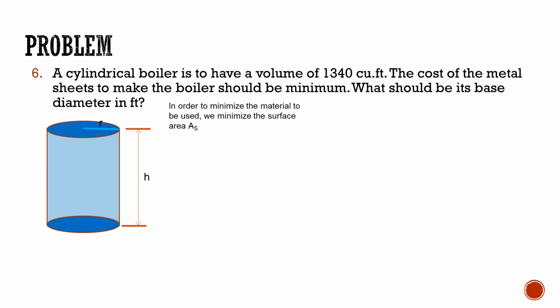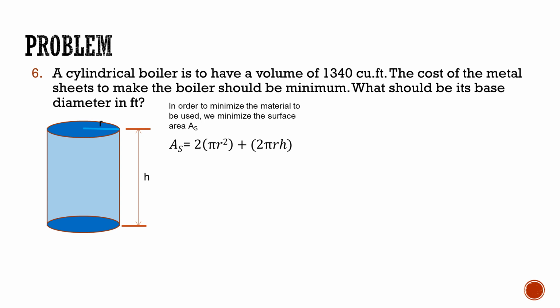At yung surface area is actually a combination of two circles on top and bottom, ano? Kaya kung titignan natin, first term is 2 pi r squared, and then we're gonna add yung horizontal na takip ng sides, which is the circumference times height.